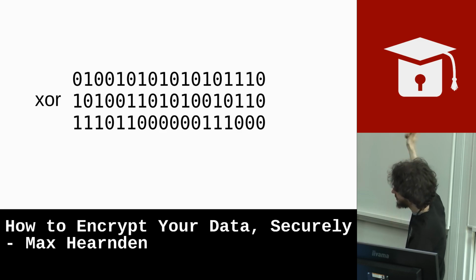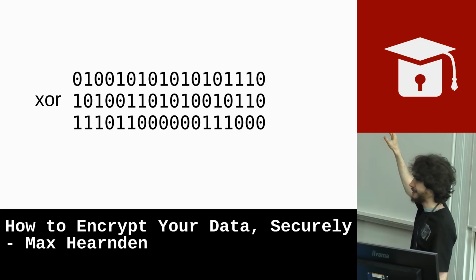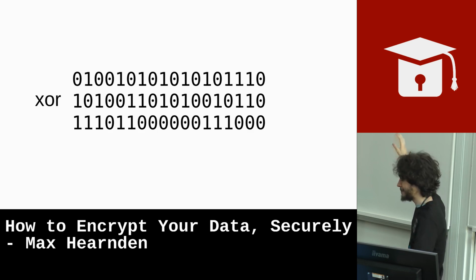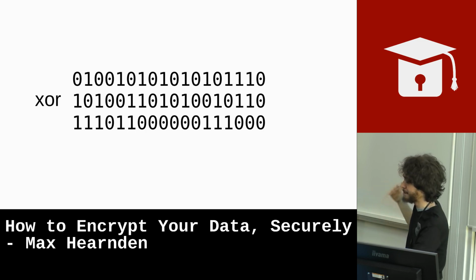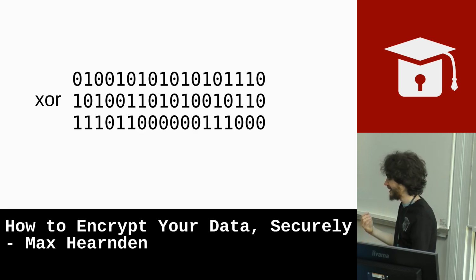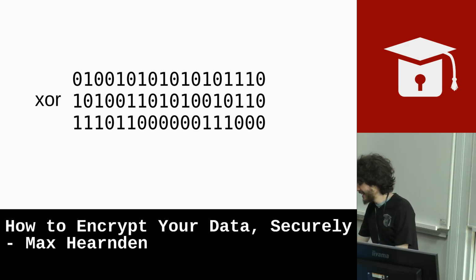But if we reuse that key, you would be able to tell the differences between the plaintexts. So we've got to generate a new key each time, which is what stream ciphers are there to do. They're pseudo-random number generators.